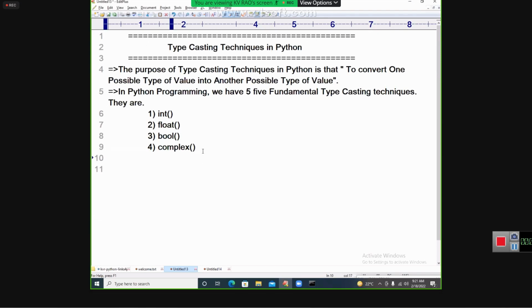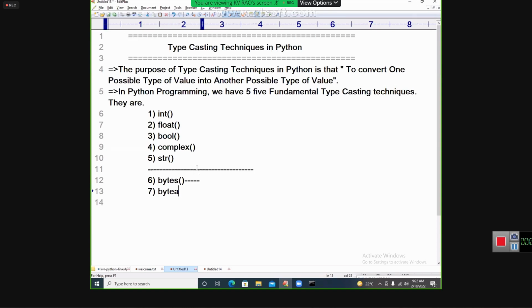Complex of. The next, the fifth one, is called str of. That's it. These are the five fundamental ones. Already you have seen these kinds of things in my class. The sixth one, bytes of, you have seen. The seventh one, byte array, you have completed already.